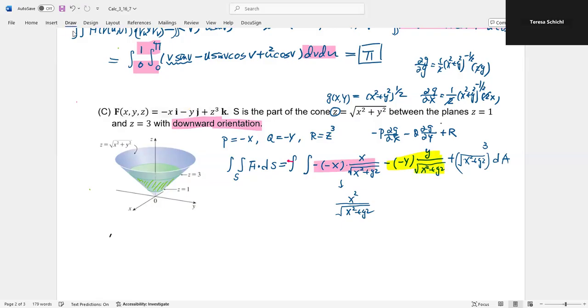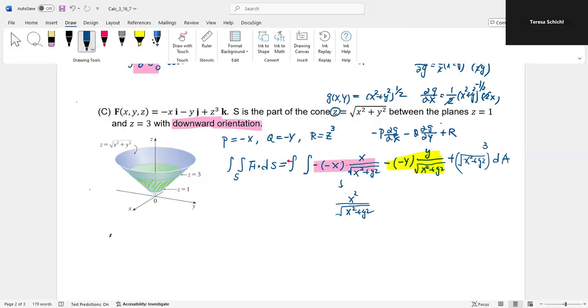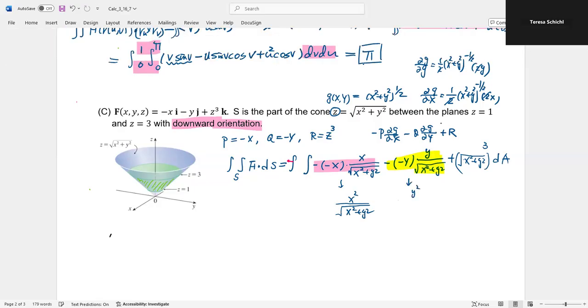So these terms are going to be positive. Now my whole thing is going to be equal to negative.